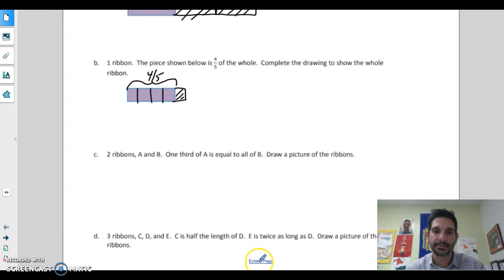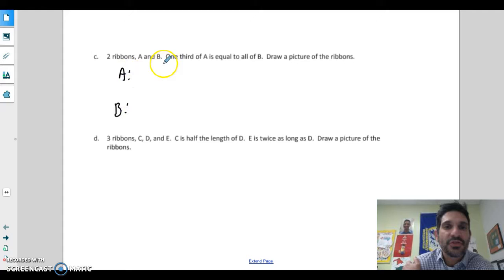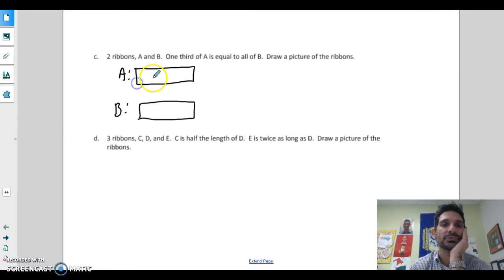So now look at C. Two ribbons, A and B. 1/3 of A is equal to all of B. So I know there's two ribbons. I have A and I have B. And it says 1/3 of A is equal to all of B. So first I got to figure out which is bigger, A or B. Well, I'm going to say A is, because it says 1/3 of A is equal to all of B. So if I do this, right, that's 1/3.